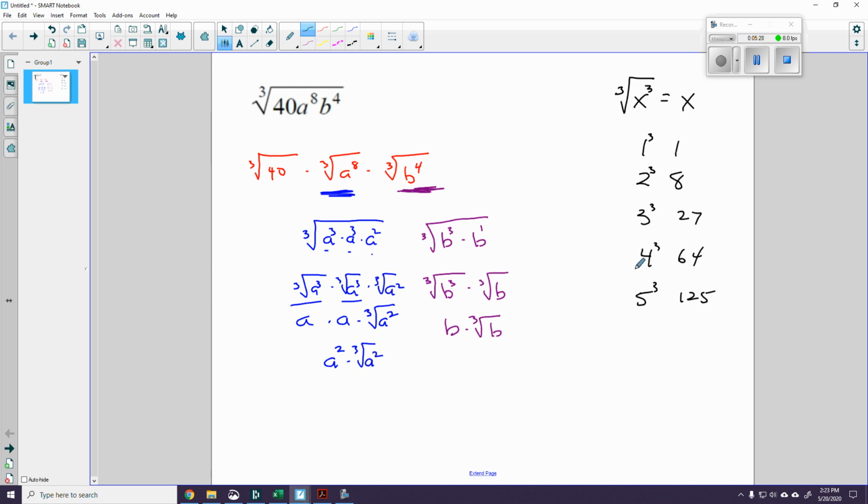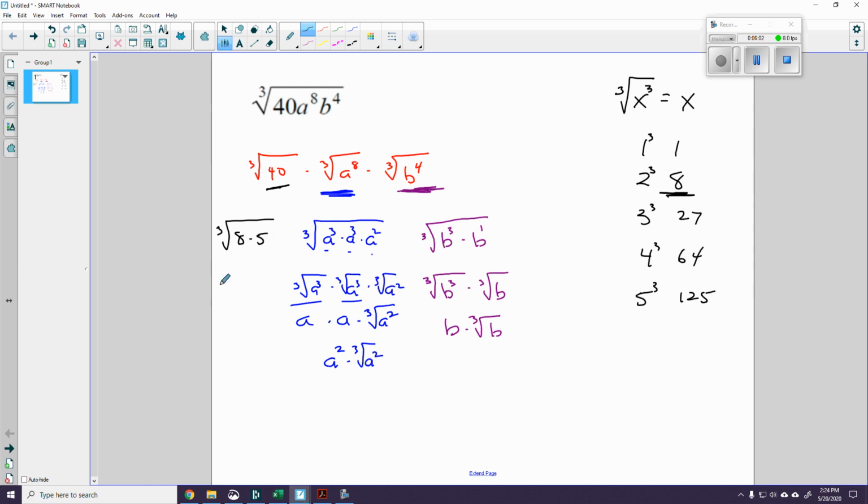If I'm thinking about this 40, just like with this a to the 8th, where I was able to separate that into a cubed times a cubed times a squared, is there any perfect cube that is a factor of 40? I look at my list and say, yeah, 8 is a perfect cube that's a factor of 40. So I could change this to the cube root of 8 times 5.